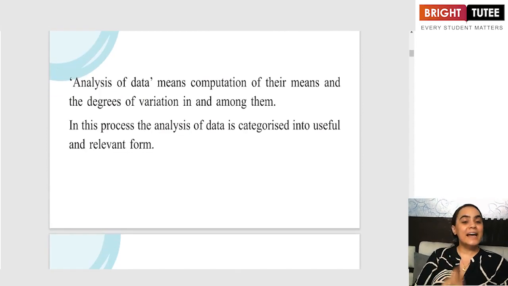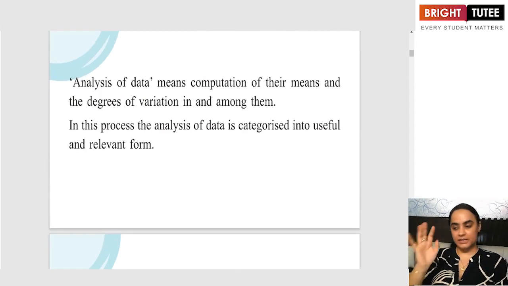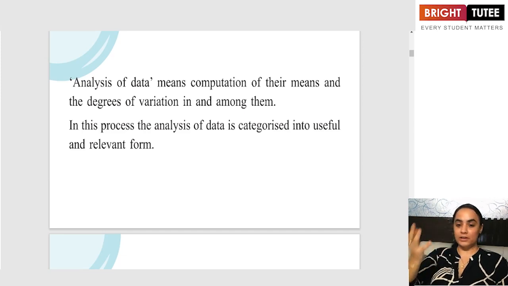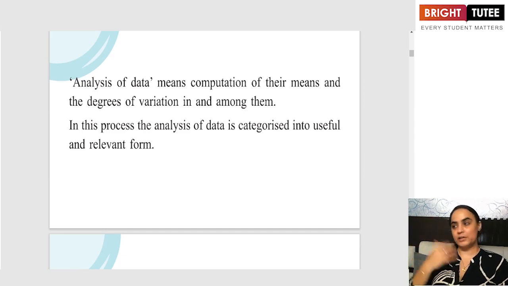Then comes the analysis. Now the data is there, very well organized in front of you, and the task is for you to analyze it. That is, to look at the information that is stated and find out whether it is the same, whether the population has differed, increased, decreased, or whatever information you want to derive out of it.